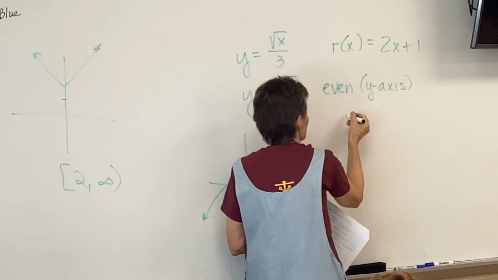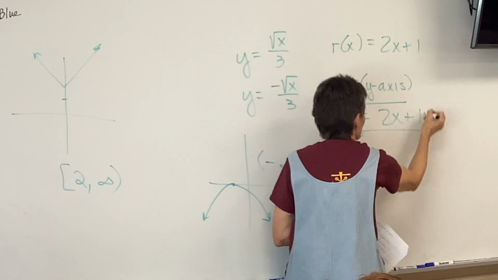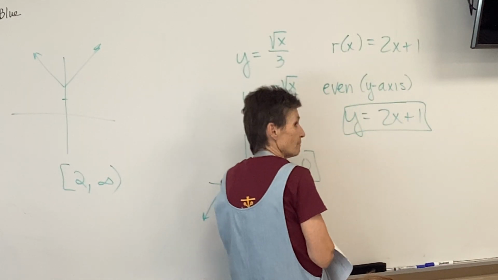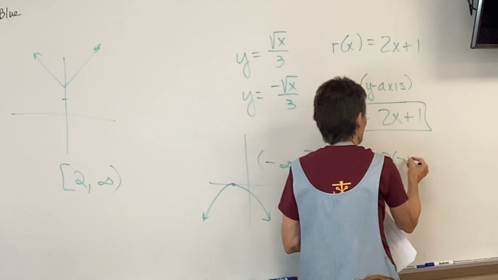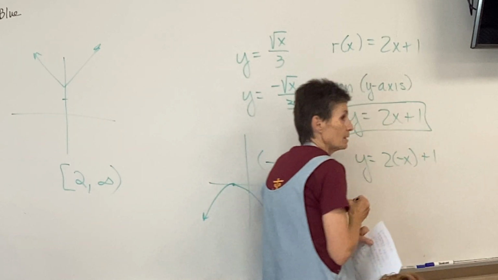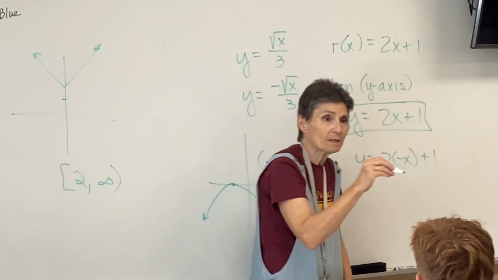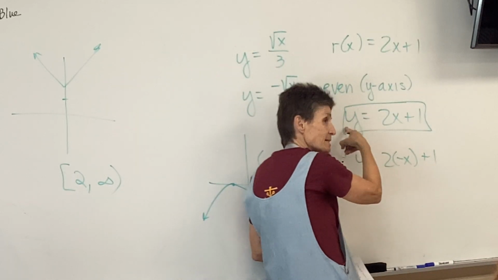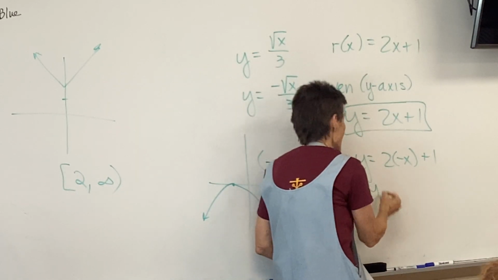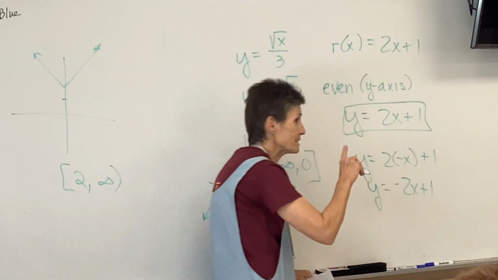Here's my original equation. To test for y-axis, I change the sign on x. If I'm going to be even, doesn't this have to be the same as this? And is that going to happen? No. So it is not even.